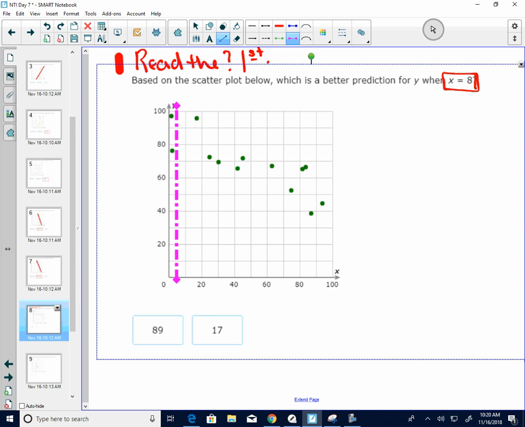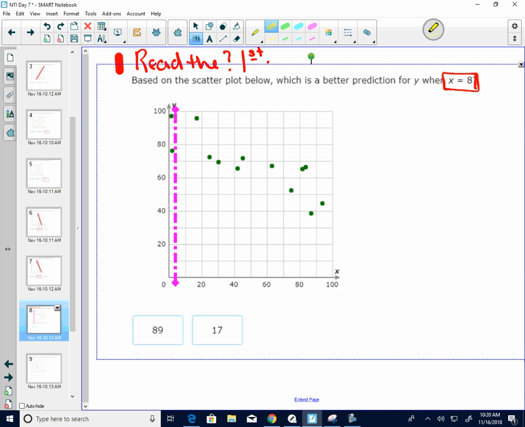And if we look, when x is about 8, is 89 or 17 a better guess?